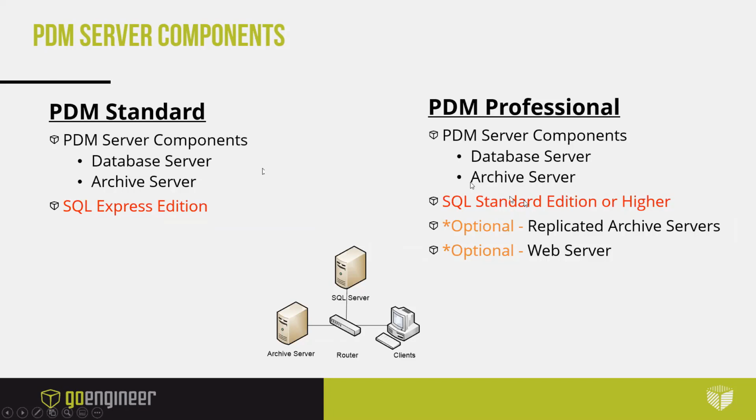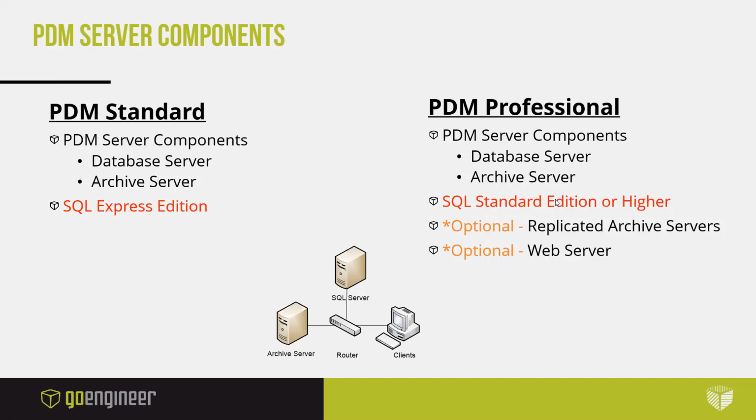However, it's hard to say what that number is because it really depends on your company, your product, how hard you're hitting the vault, how much data you use, how big your assemblies are, all that kind of stuff. But at some point, SQL Standard Edition or Enterprise or anything higher than that is available in PDM Professional. And there's a lot of benefits to having SQL Standard over Express. You can have maintenance plans and other things that are built into that software.